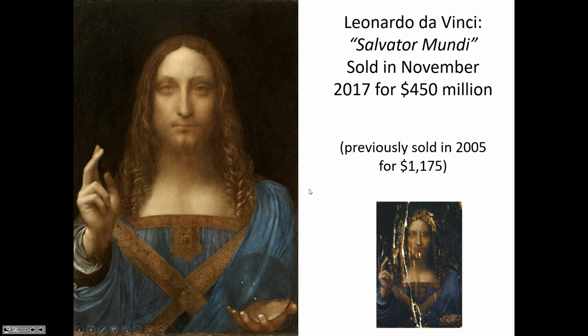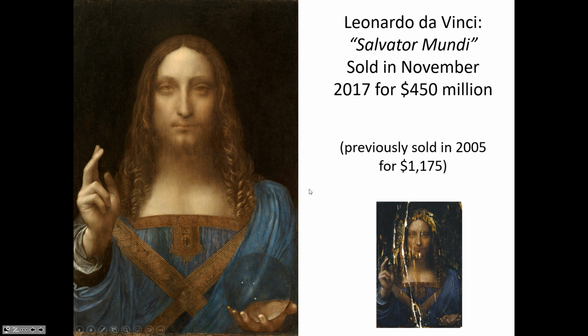And so it's an interesting story, but think about the rate of return from 2005 to 2017. What's the rate of return on that? We just calculated, let's do another cash flow diagram here.